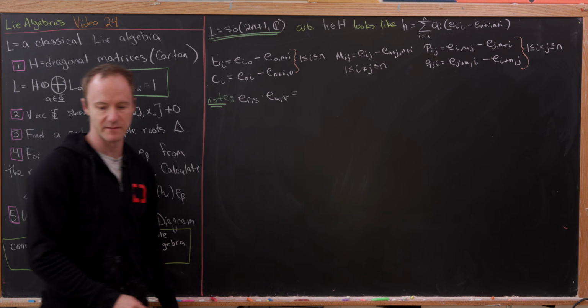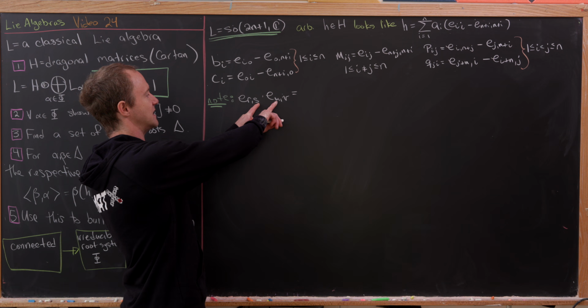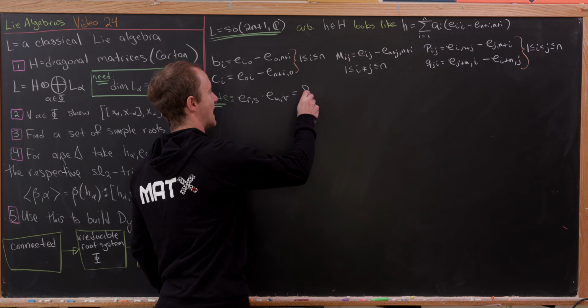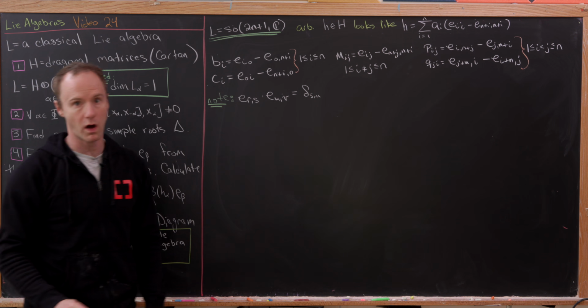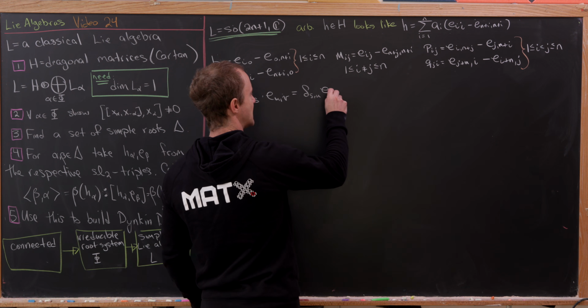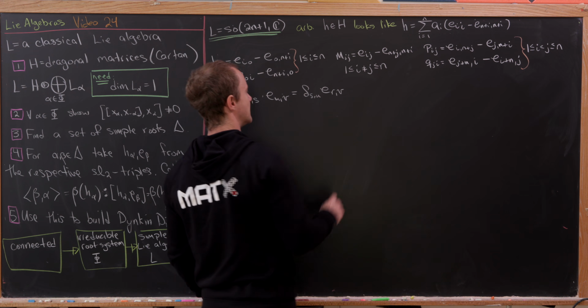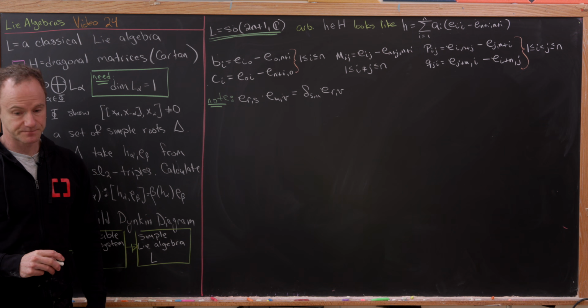By the rules of matrix multiplication, the inner indices have to be equal. That gives us a delta SU, a 1 if those are equal and a 0 otherwise, and then we have ERV. That's just from linear algebra.